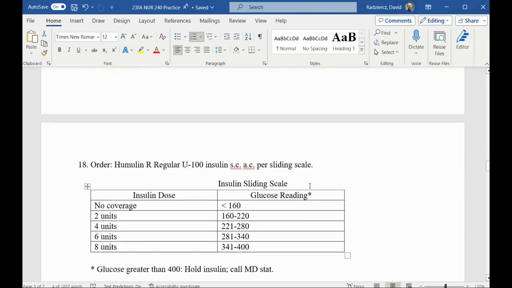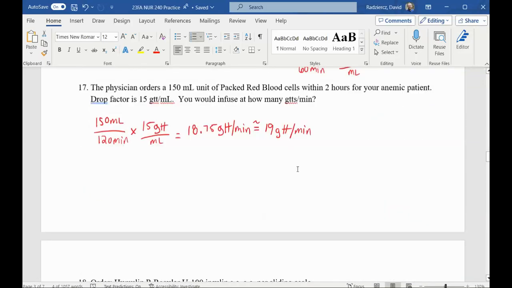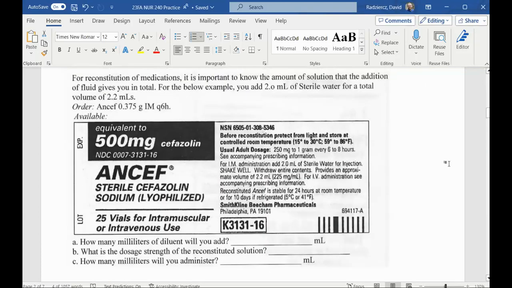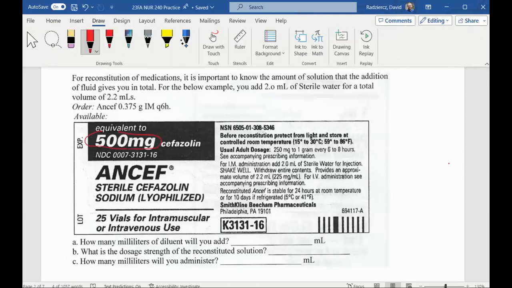When we come up to this question, and we look at the label, it just says 500 milligrams. It doesn't tell me 500 milligrams per milliliter. It doesn't give me any details, and that's how you know you're dealing with this type of problem. The order is very similar to what you've seen previously.